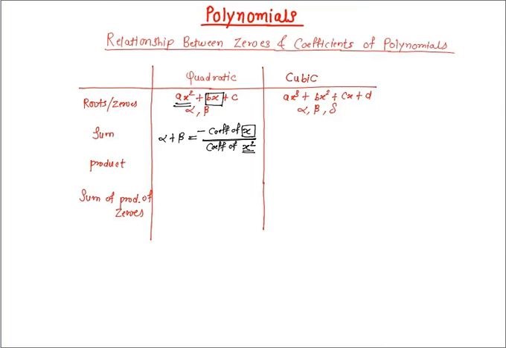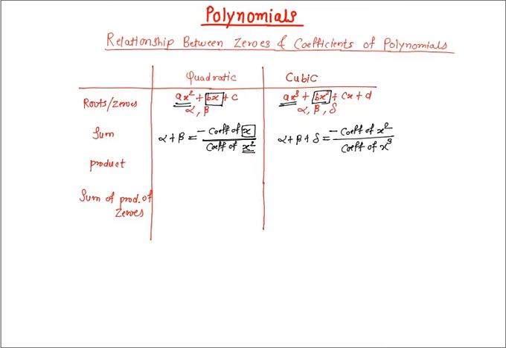Let's write the sum of zeros for a cubic polynomial. It is alpha plus beta plus gamma equals minus of, what is the second term here? It is bx squared. So let's write coefficient of x squared. So this is the numerator. What is the denominator? Coefficient of the highest power. The highest power here is ax cube, right? So it is coefficient of x cube in the denominator.